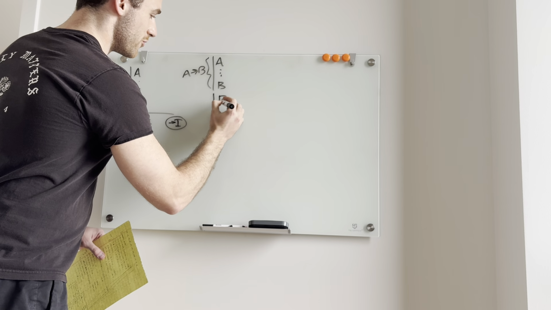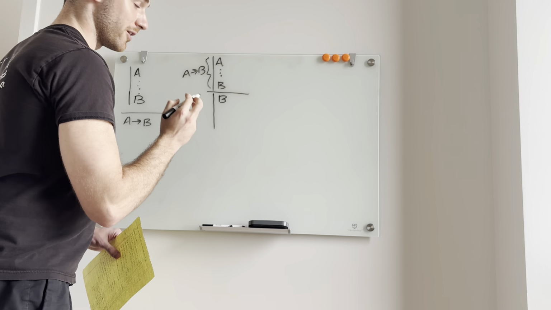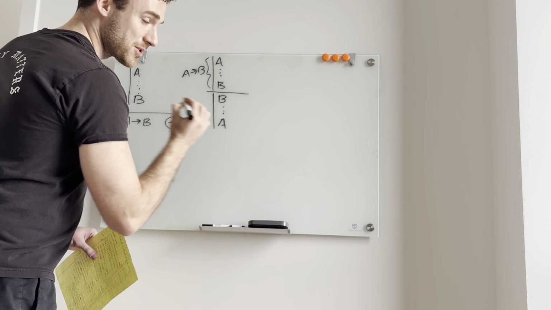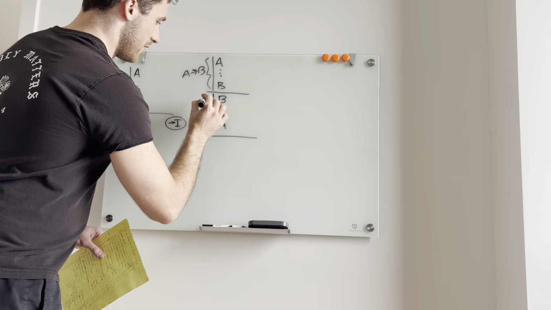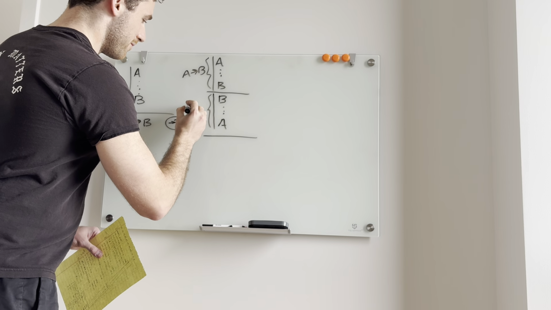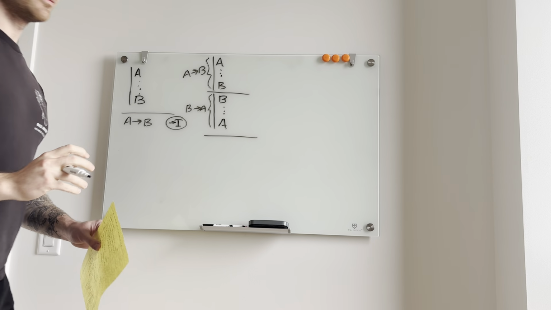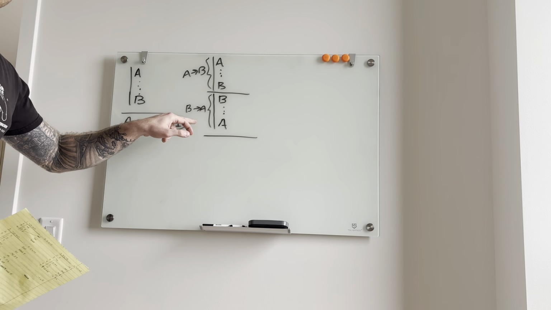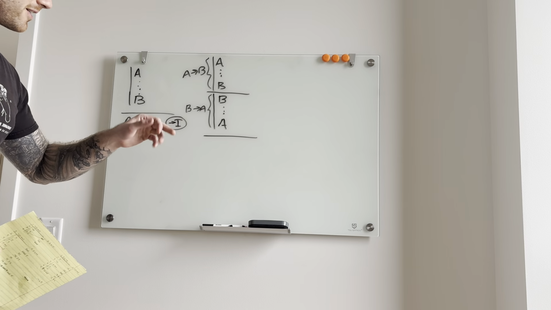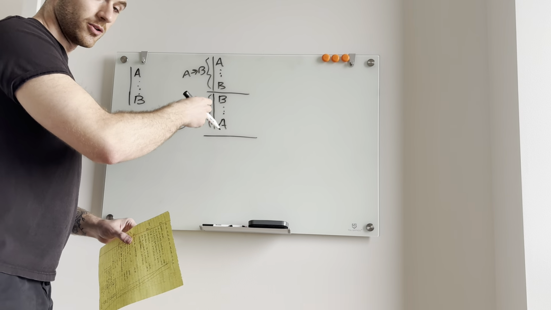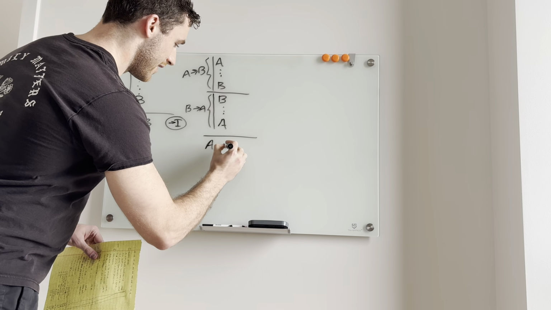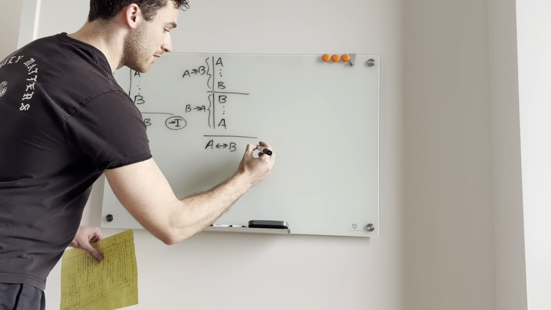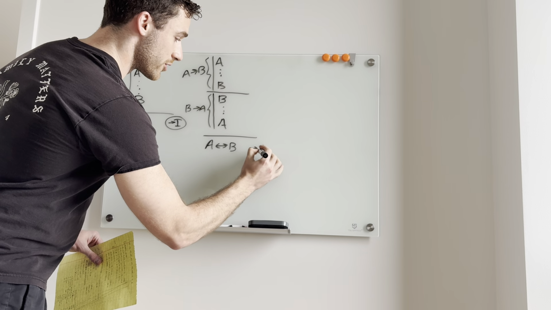So then we assume B, and there's a break right here between the subproofs. We assume B, do a couple steps, and get A. And this would be a proof that B implies A. You can see that it's just this thing, but now I'm showing that B is the thing leading to A, not the other way around. Once I do both of these, I can write that A and B imply each other with that double arrow. And this is called biconditional introduction.